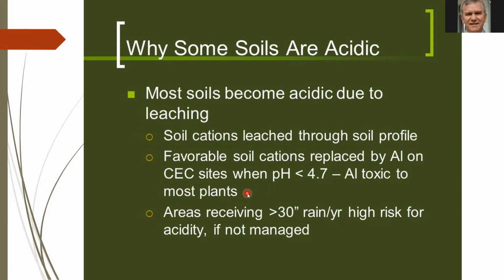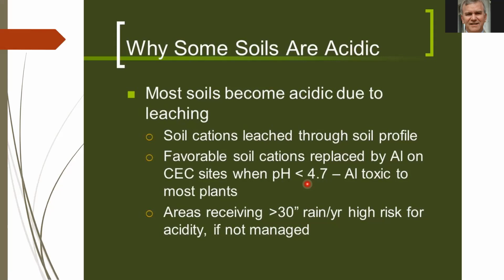So under acidic conditions, as soils are leached and the cations are removed from the soil or pushed down below the root zone, the pH in the root zone can become more acidic, and aluminum can accumulate on the cation exchange sites, replacing the soil cations, and aluminum is toxic to most plants.